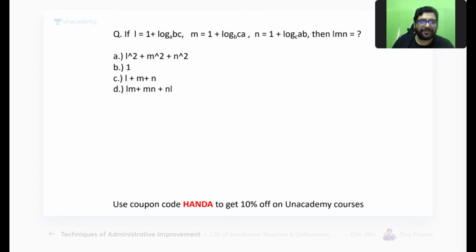Let's check the next one. How will you try and solve this? We have the value of L as 1 plus log BC to the base A, and M and N as well. I'm asking you to find out LMN, that is L into M into N. How do I calculate this?